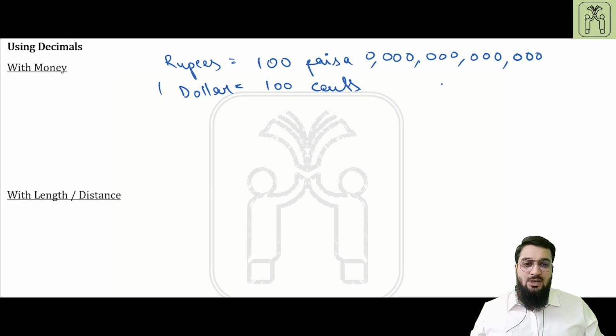So for example, if I say that I have 4.2 million likes, what does that mean? If I translate it into normal fashion, 4.2 million basically means 10 to the power 6, or 6 zeros.